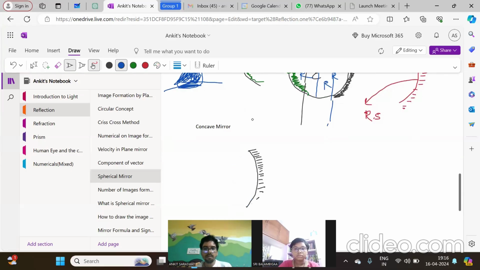Understand? Like this you will get. After cutting, if you cut any sphere, you will get a hemisphere, and you have polished this surface.